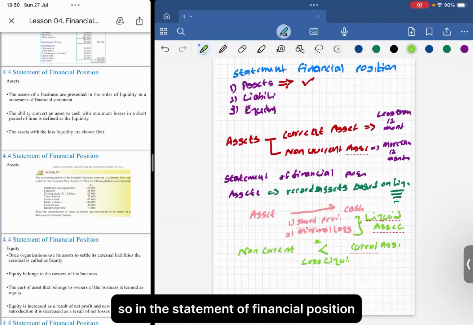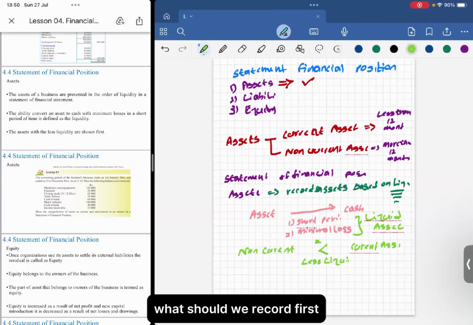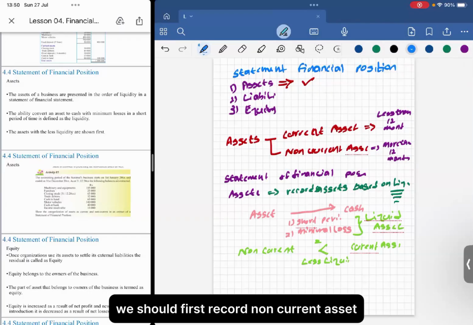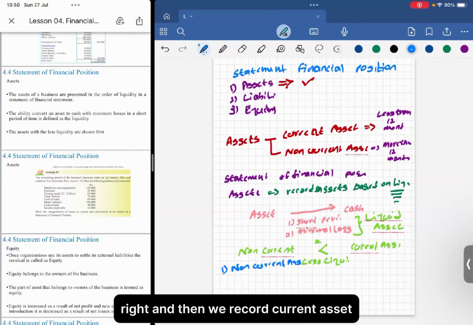So in the statement of financial position, we record assets based on the liquidity. If that is the case, what should we record first? We should first record non-current assets, right?